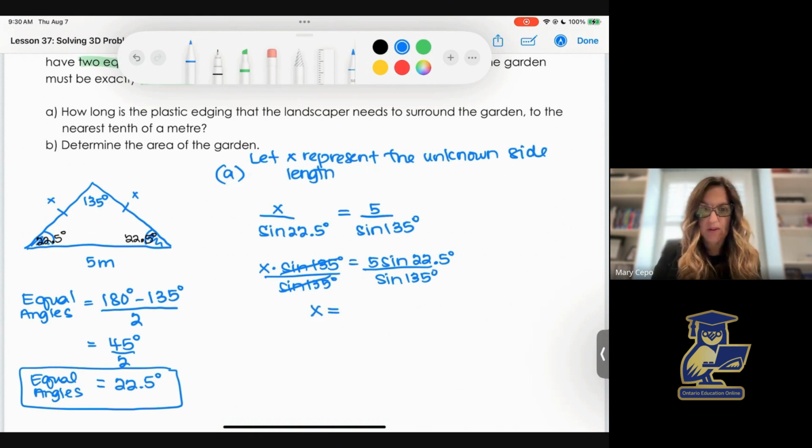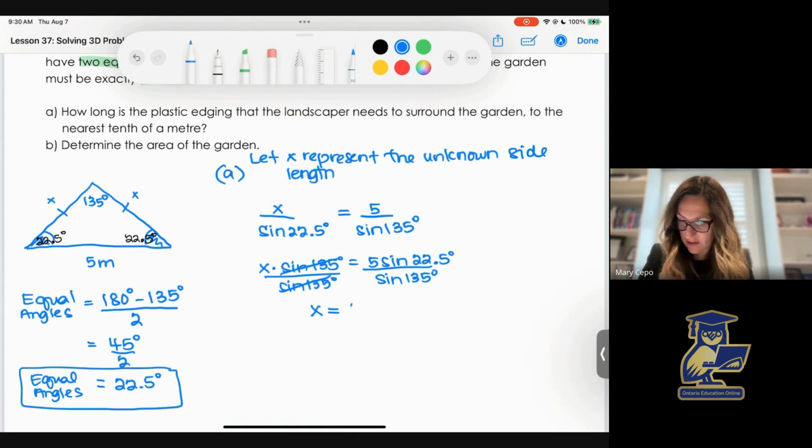So if we take 5 times sine of 22.5, remember how I stressed to make sure you put brackets when you put it into your calculators, for the numerator and the denominator, that would be 2.705980501. X is about 2.7 meters.